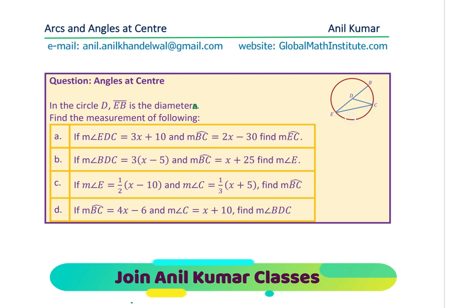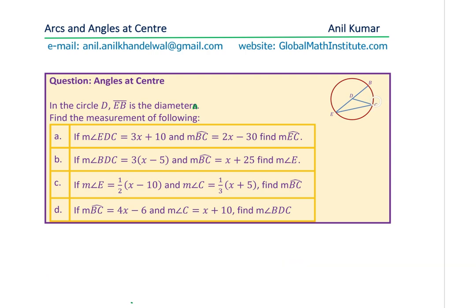That's the whole idea. So that is how this time we are going to connect the central angle, the angles on the circumference, which is subtended by the arcs and the arcs themselves. Here is question B, part B of this question.